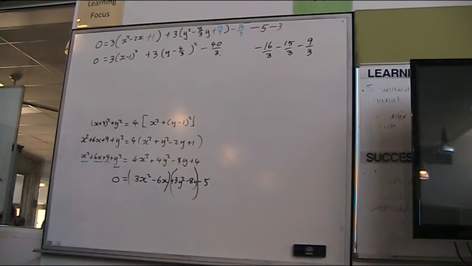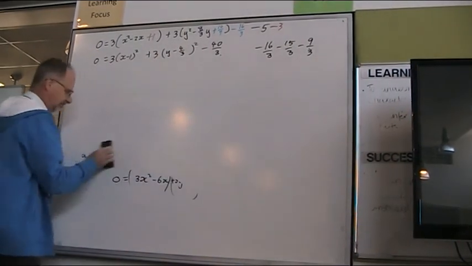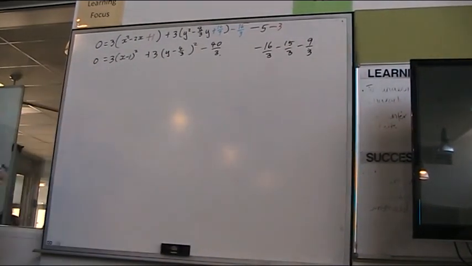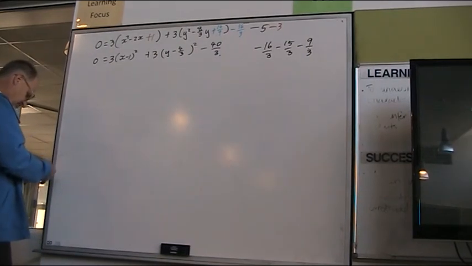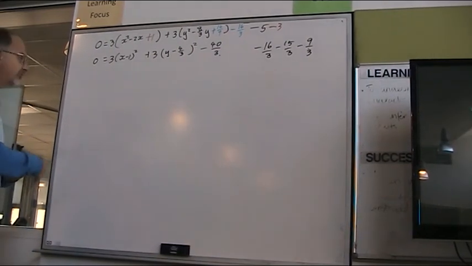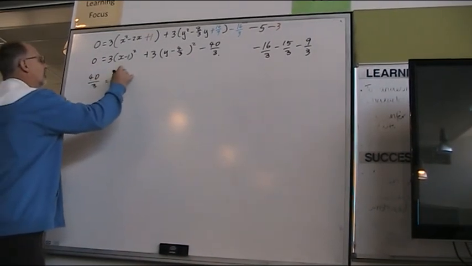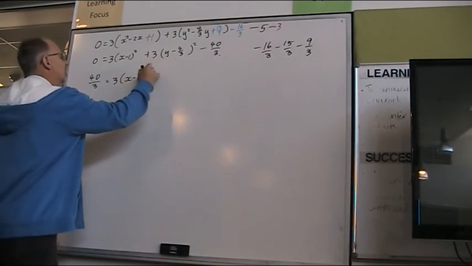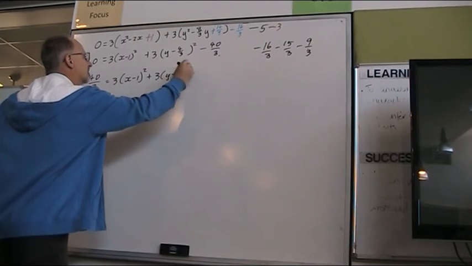Alright. Now what? No, we just have to describe it. Any ideas? Plus the 40 over 3. Alright, let's plus the 40 over 3. 40 over 3 equals 3 times x minus 1 squared plus 3 times y minus 4/3 squared.